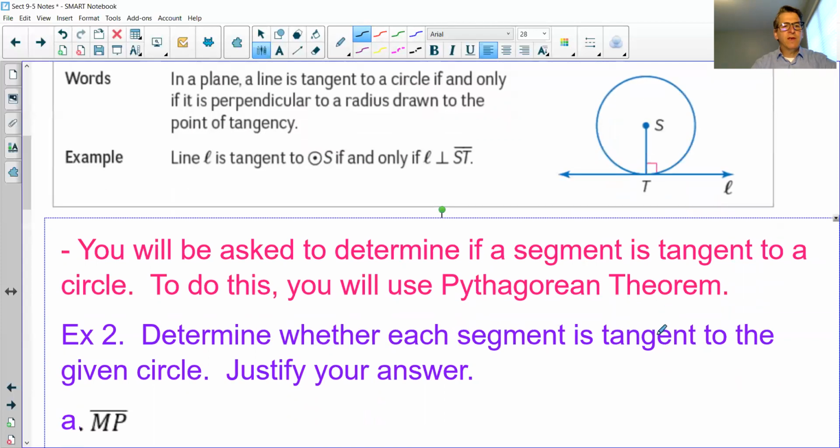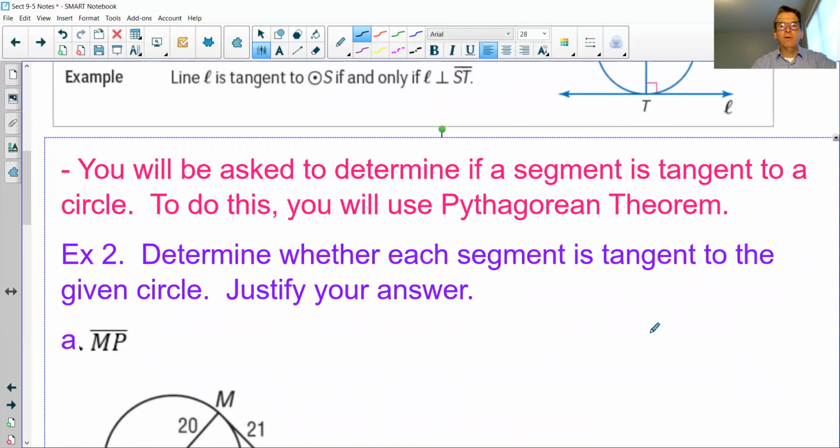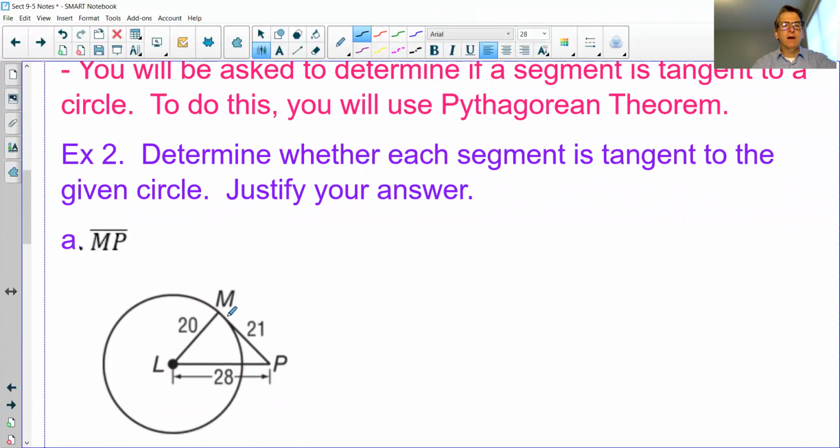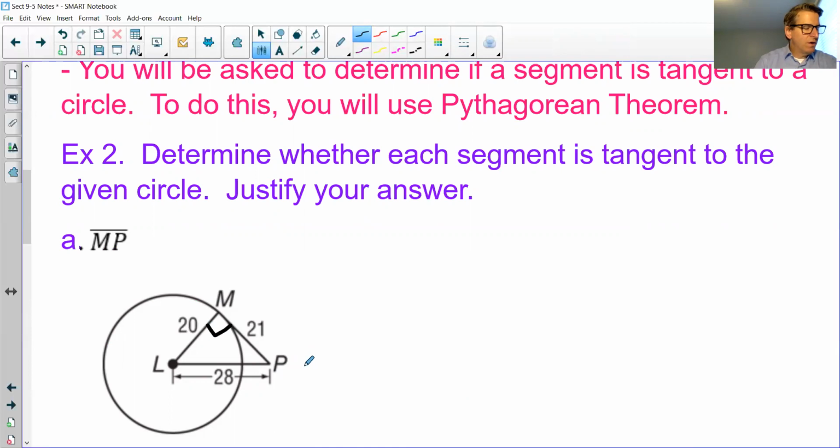So let's start with example 2. Determine whether each segment is tangent to the given circle. So we have ourselves LM, the radius, 20, and 21. We're going to determine whether the segment MP is tangent to the circle. If it is, there's a right angle right there. So we're going to take this 28 as the hypotenuse, 20 and 21 are the legs.